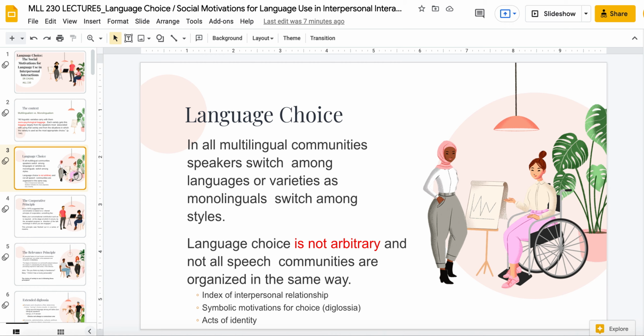And also, not all speech communities are organized in the same way. There might be different interpersonal relationships depending on the styles and registers that you use for elders, for teachers, for clergy people, for people that you don't know, for people who are in high levels of respect.